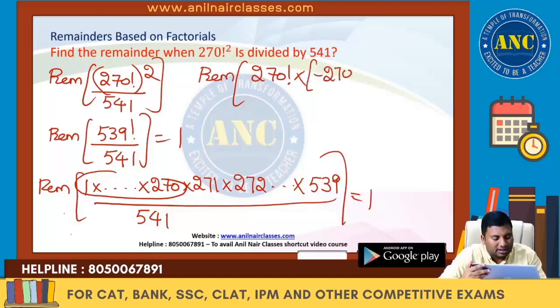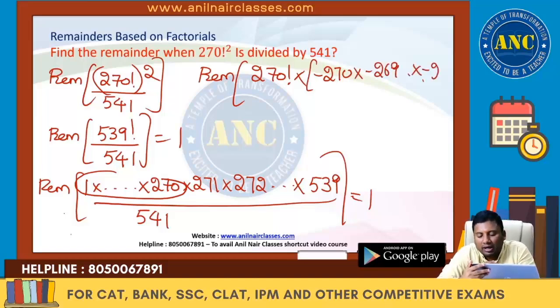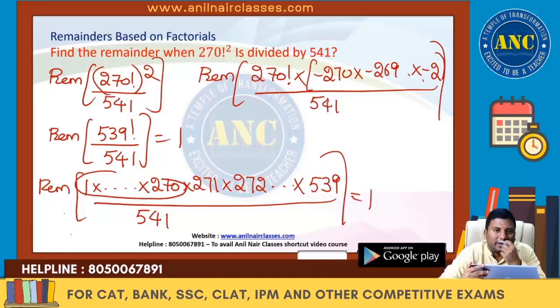I hope it is clear. It is minus 269 and so on up to 539 divided by 541 is minus 2. From 2 to 270, there are 269 negatives. If you multiply an odd number of negatives, I will get a negative.